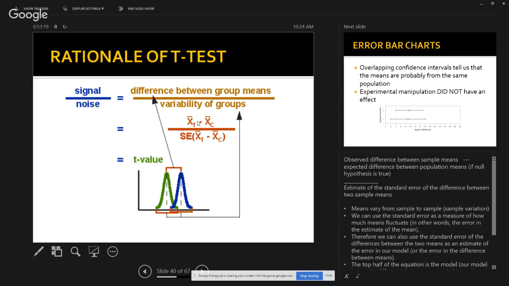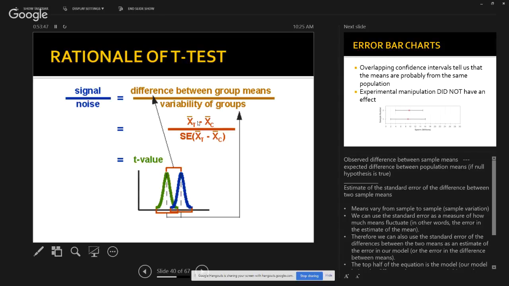So in this case, here we have two independent samples, so two groups, okay? And what we're doing then is the top part of the equation is the difference in group means. The bottom part of the equation is looking at the variability of group 1. And how is that different from the variability of group 2?